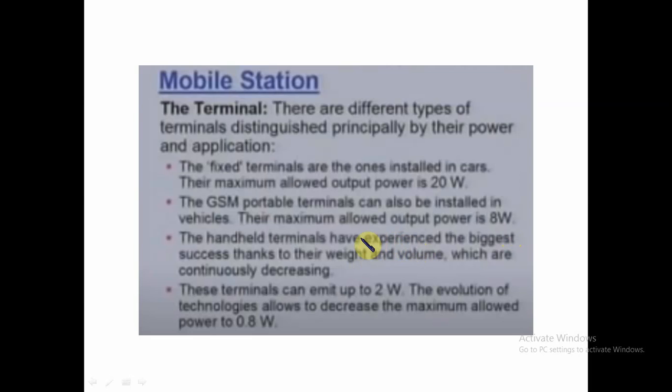Their weights are decreasing drastically. The size and weight of the handsets are going down every day, and these terminals emit up to 2 watts peak power, and the maximum allowed power can go down to 0.8 watt.